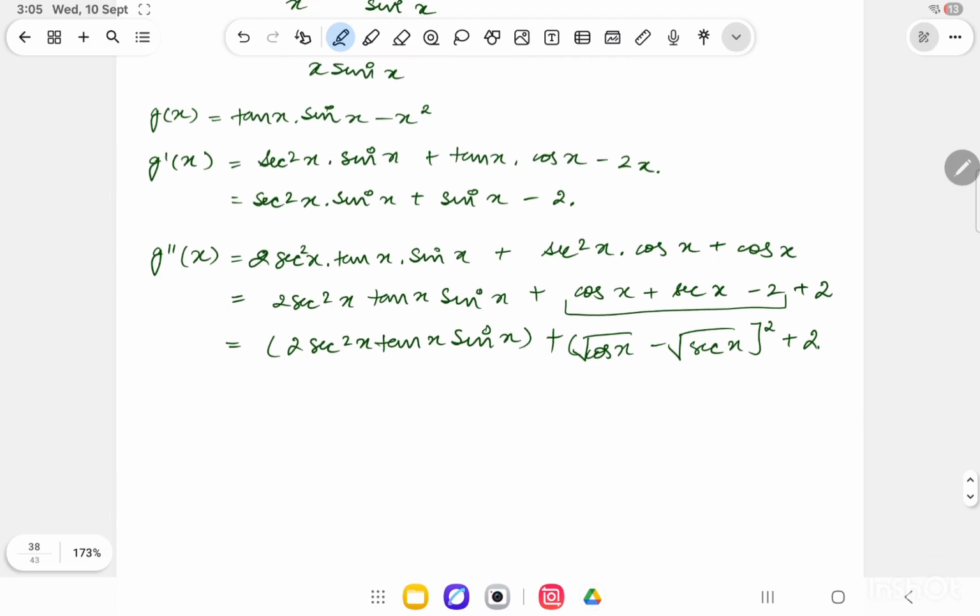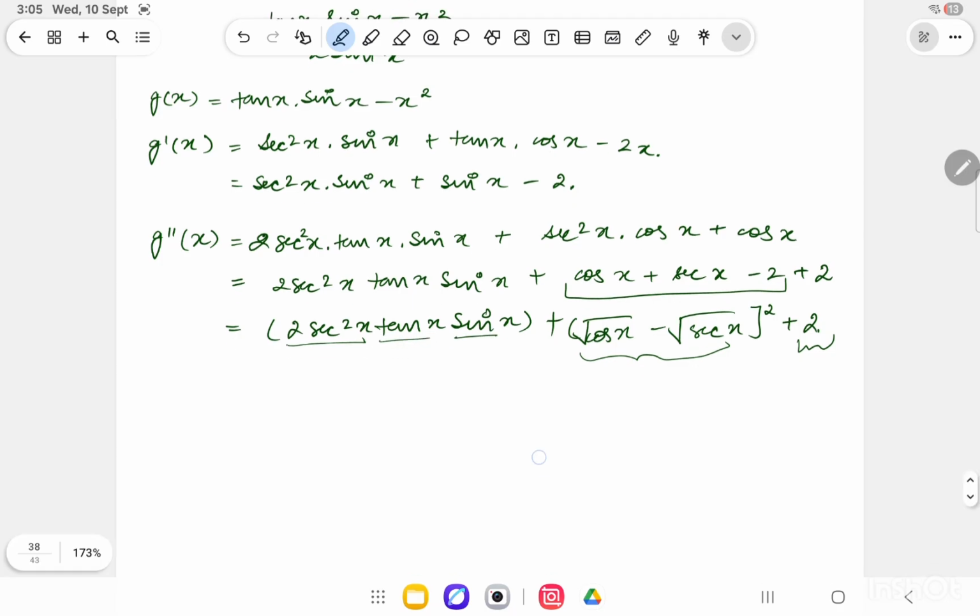So we know that in open interval 0, pi by 2 this thing will be greater than 0. This is also greater than 0, and because of the square, sec square x is greater than 0, tan x and sin x are also greater than 0 in open interval 0, pi by 2. So from here I can say that g double dash x is greater than 0 for x belonging to open interval 0, pi by 2.